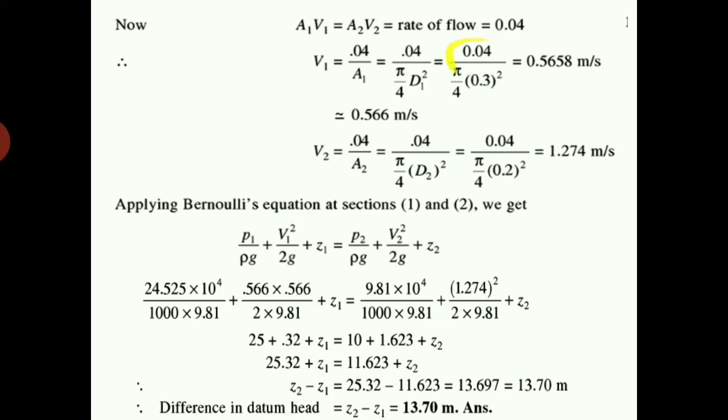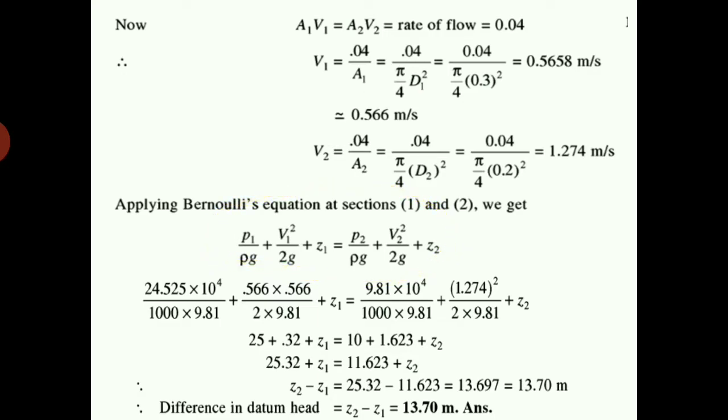Q is known to us, that is 0.04 divided by pi by 4 into d square. So we'll be getting V1 as a value like this. Similarly, we can calculate the value of V2. After calculating these values, we can substitute them in Bernoulli's equation.